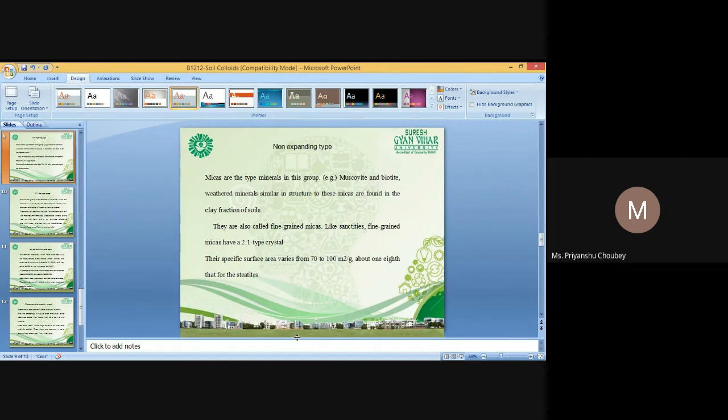So, soil taxonomy features. Soil taxonomy has many features. The comprehensive system is based on measurable soil properties. Soil classes were defined in terms of present soil properties.